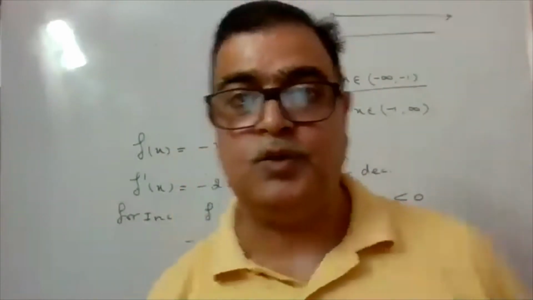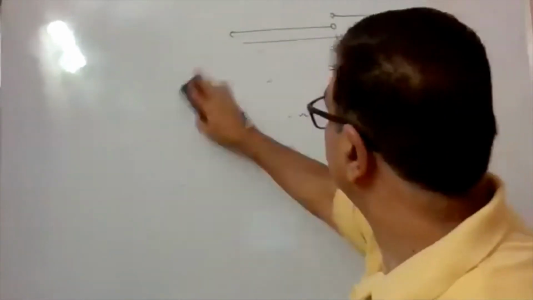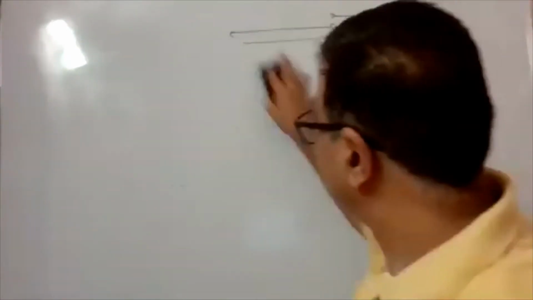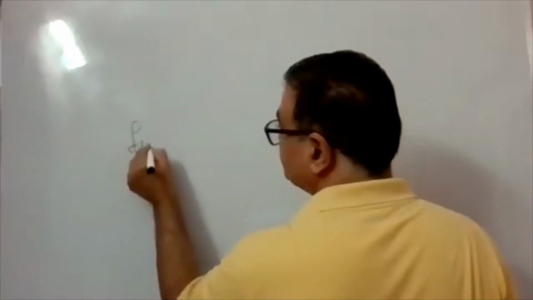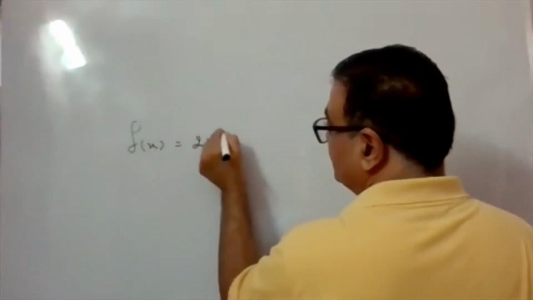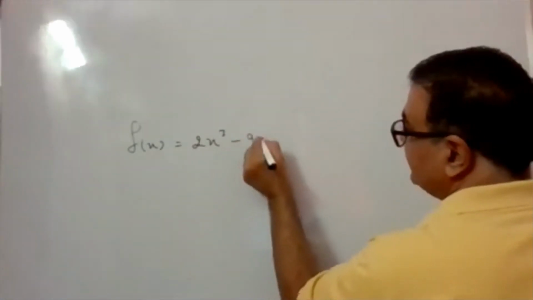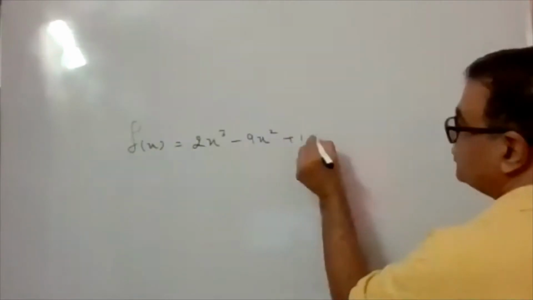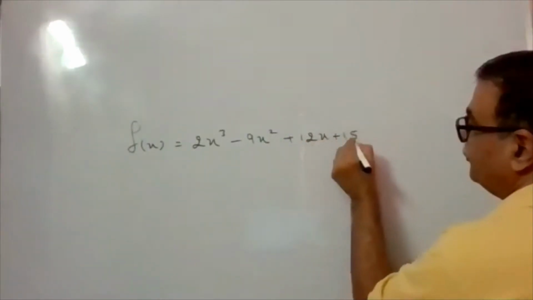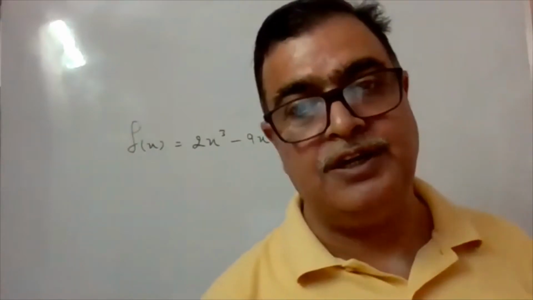Now coming to the second question please. f(x) is equal to 2x cube minus 9x square plus 12x plus 15.